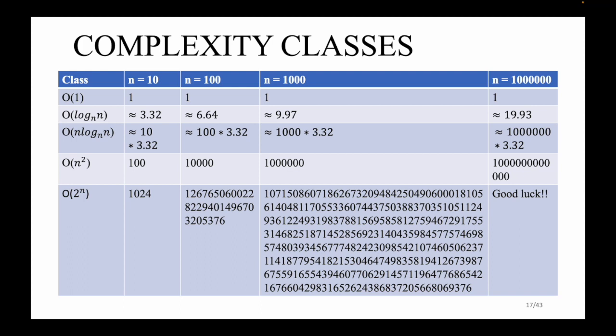Here 1, and 1 still 1. This is constant. And then here you see that it grows bigger. And for this one, it's an exponential function. You see that? When the input is 1,000 here, it's this number. But when it goes to a million here, I don't have enough space to write down this number.